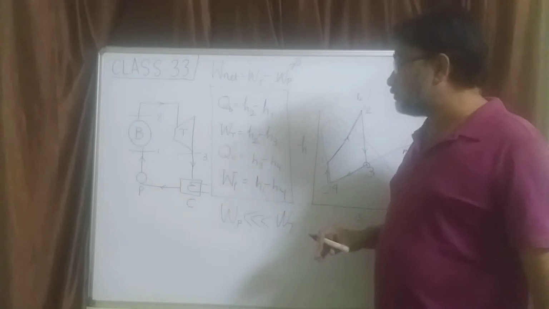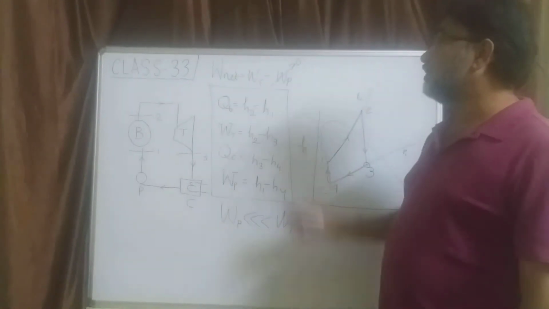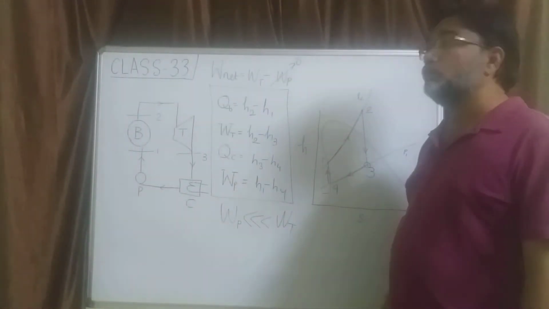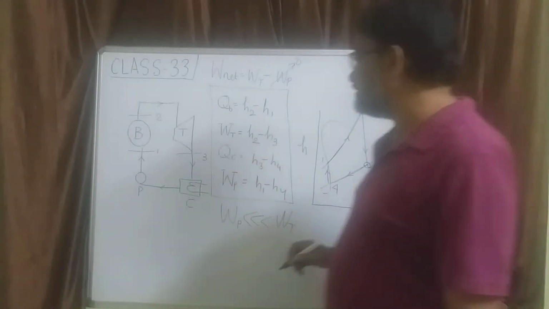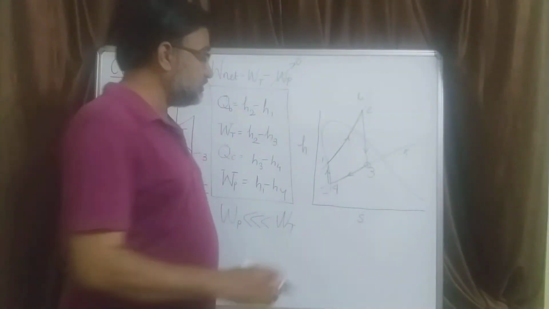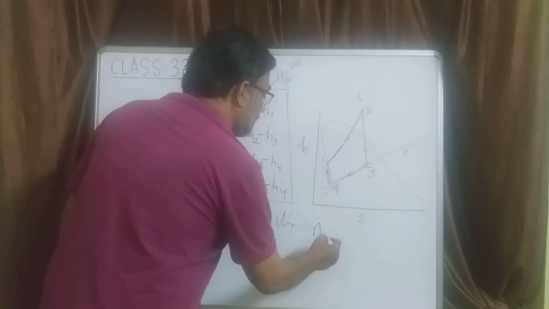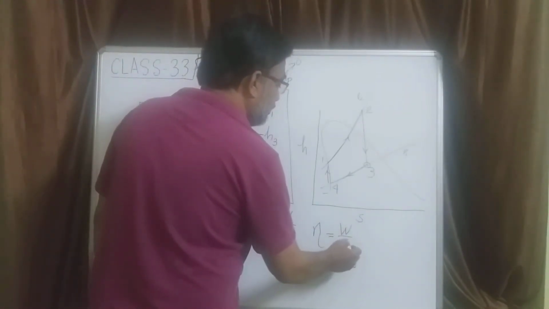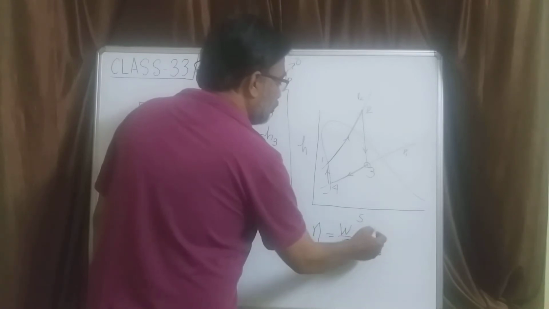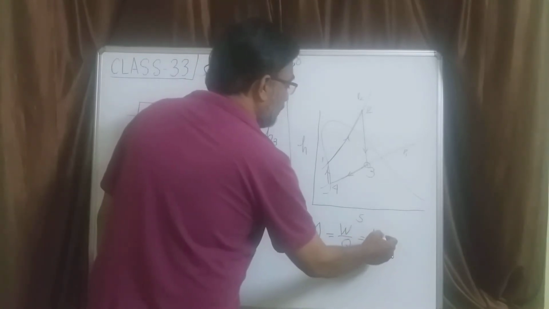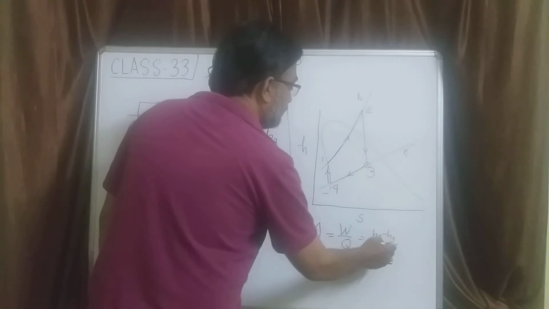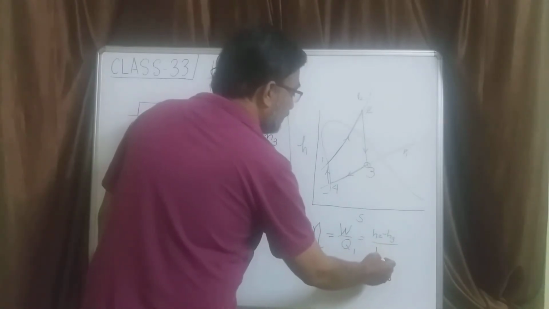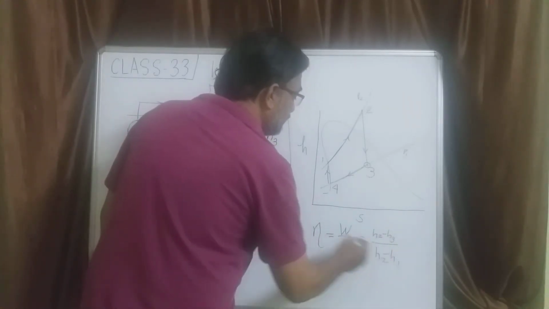Okay, so in that case what happens? The net work becomes equal to WT, and what is the efficiency of the plant? Efficiency of the plant is work output divided by heat input. So work output is H2 minus H3, divided by, what is the heat input?